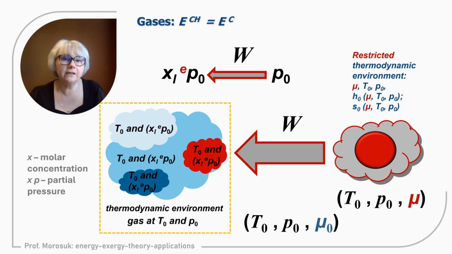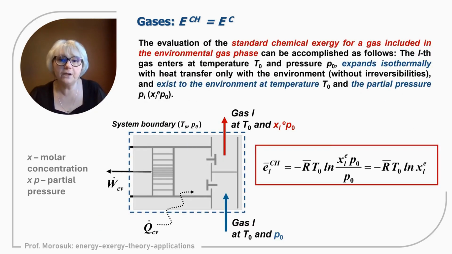And to understand how work can be produced, it is work that can be produced within an isothermal expansion process from the environmental pressure to the partial pressure of the same substance within the environment. I think it is very easy to understand what work means within an isothermal expansion process. We have an equation for the work of the isothermal expansion process.